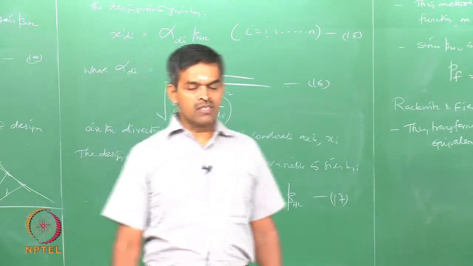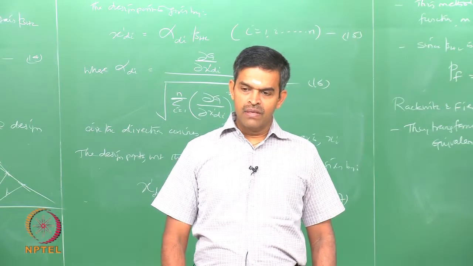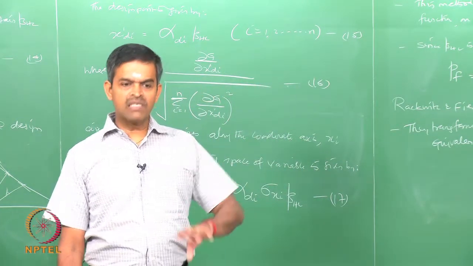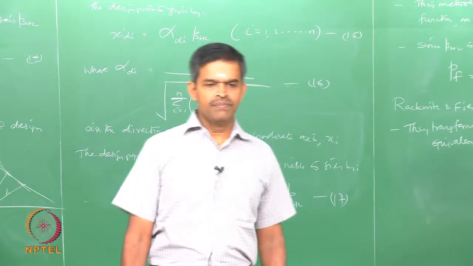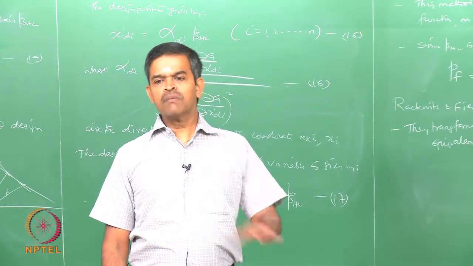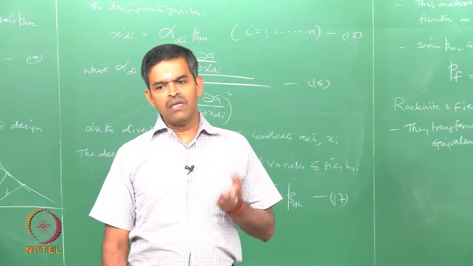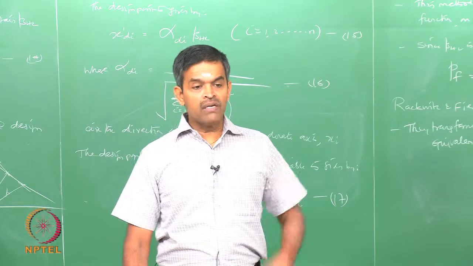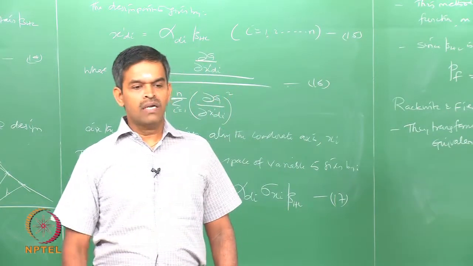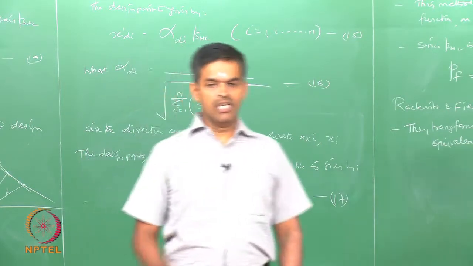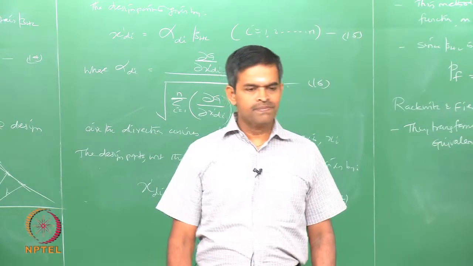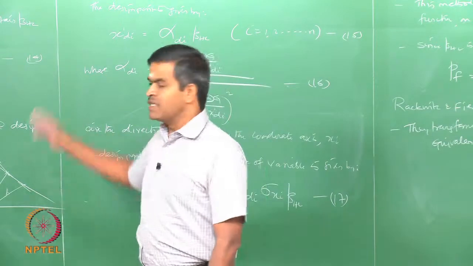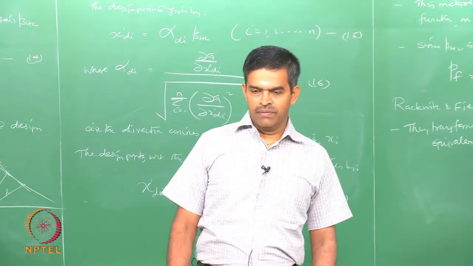If the performance function is non-linear, then we do some approximation to convert the space of variables to some other form and approximately convert the non-linear performance function to n equivalent linear functions, find design points on each one of them, find the distances, and minimize them. That is what was given by Shinozuka, which we have seen in today's lecture.